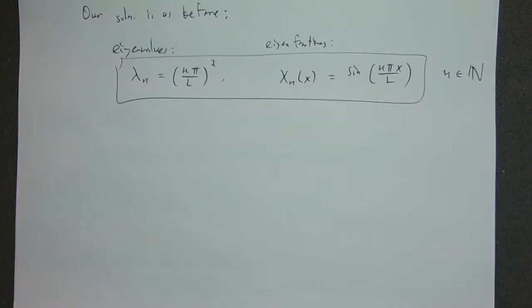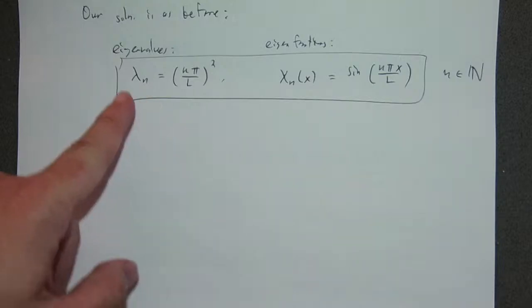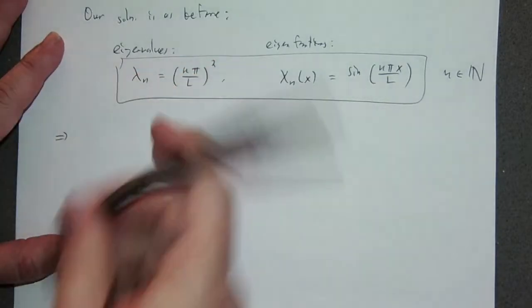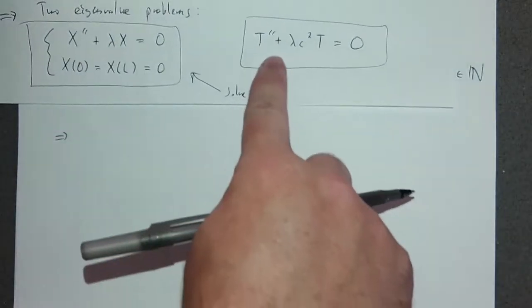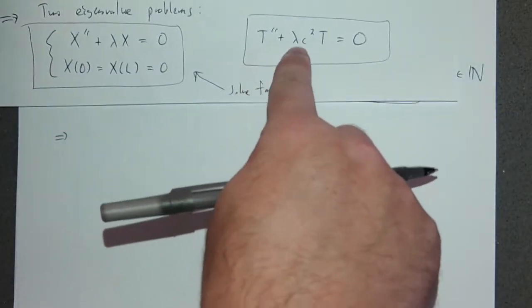Now that I have these values for lambda, I plug these into my other ODE, t double prime plus lambda c squared t equals 0.